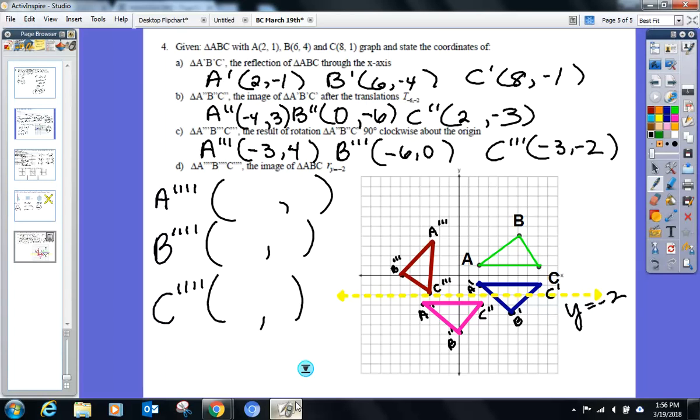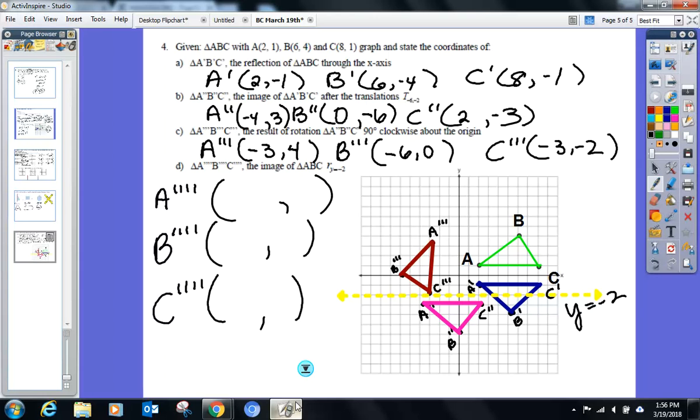Triangle ABC, the image of triangle ABC. So I got to do the original one. Take your time. So the x coordinates should not change. It's 2 and then -5.